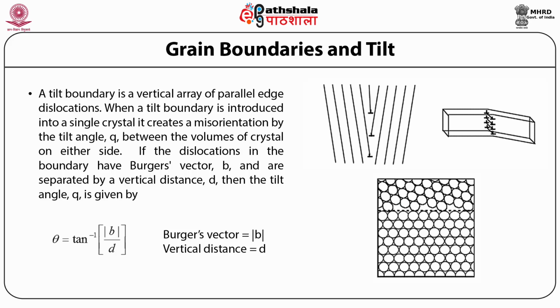We can also use direct microscopic methods and electron microscopy, and we can then calculate the Burgers vector using this formula, or if we know the Burgers vector, we can calculate theta. On the left-hand side bottom, you see a figure. There is a dotted line between two phases. This dotted line shows that there is a plane, and this plane is perpendicular to this board and screen. So this is one kind of plane dislocation we know.